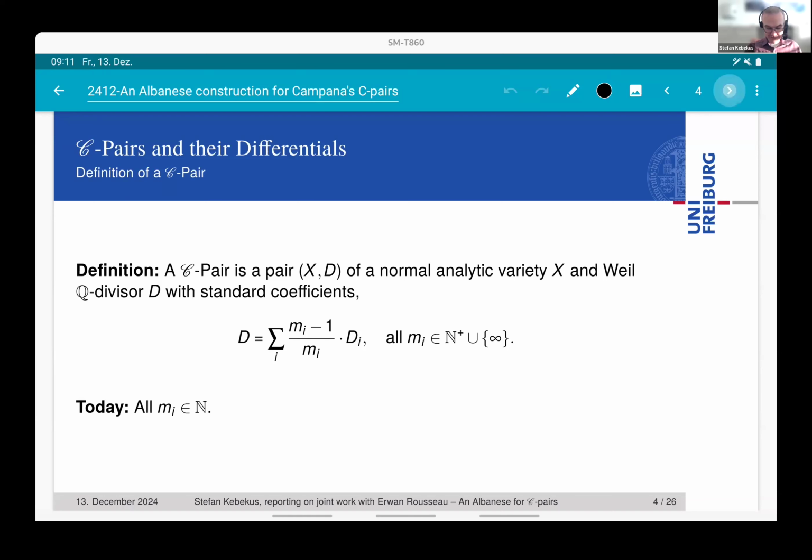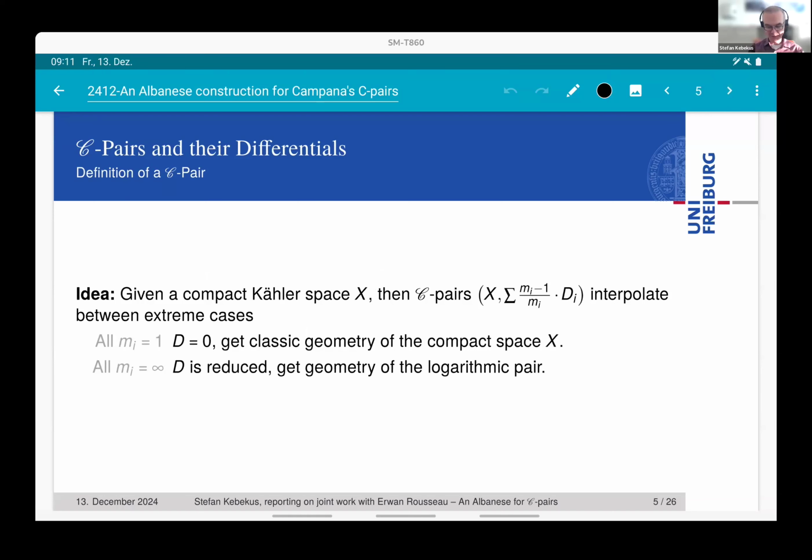Right. And as I already mentioned, if I have a compact Kähler space, we have C pairs that interpolate between the two cases, the classic geometry of the compact space X. And if the m_i are all infinity, which is something I'm not having today, then we get the geometry of the logarithmic pairs.